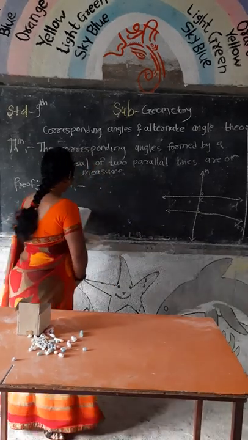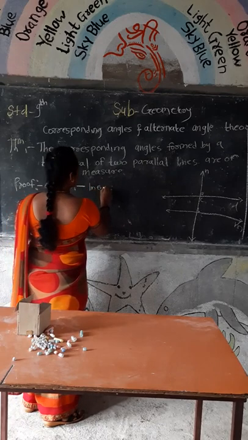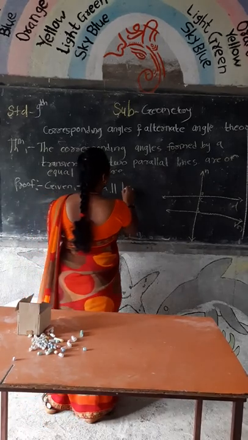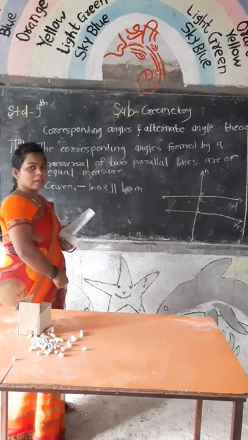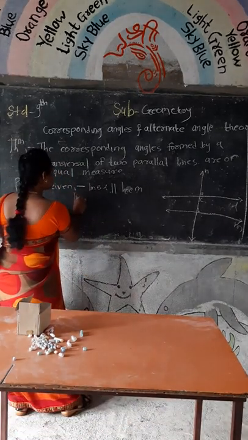Then, given that line L is parallel to line M and line N is a transversal.